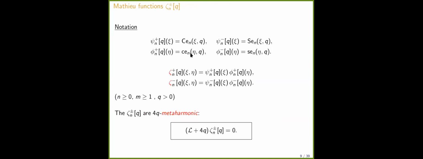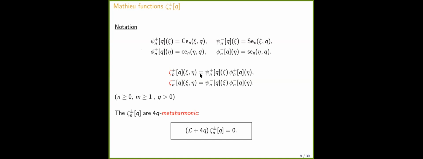So now some notation to confuse things a little bit more. The C's are the even functions and the S's are the odd functions. So we write a plus sign and a minus sign in the superscript to indicate the solutions. The Mathieu functions are just phi and psi.